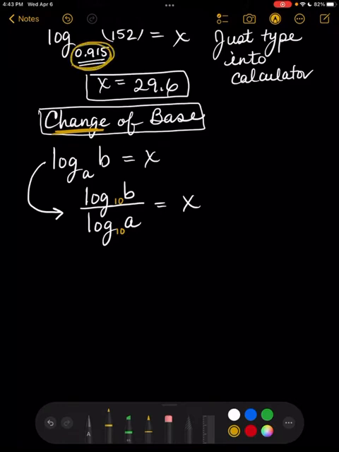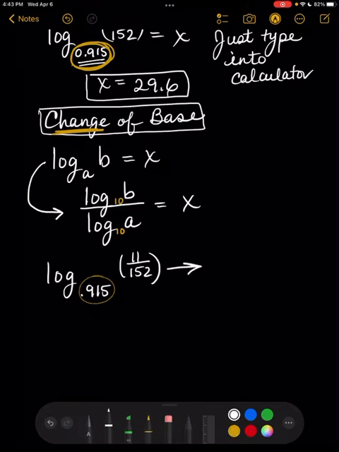So here's what we're going to do with our problem. The problem that we have is log base 0.915, I'm going to not write the 0 this time, of 11 over 152. Okay, so let's say you have a calculator that does not allow you to type a base in it like the TI-84 does. So what you're going to do is rewrite this problem in a way that you can type it on your calculator. So change the base.